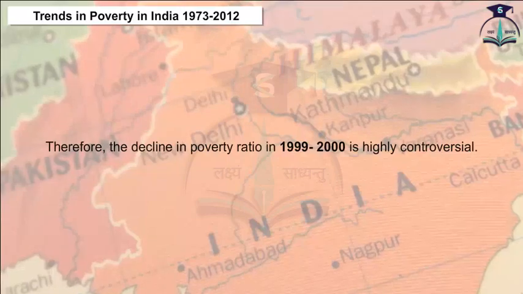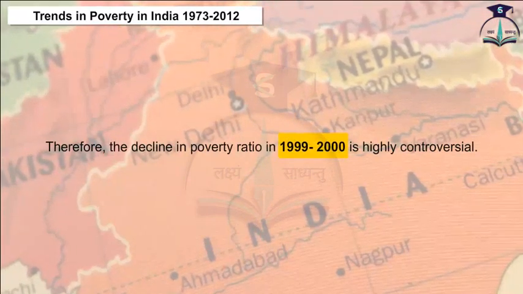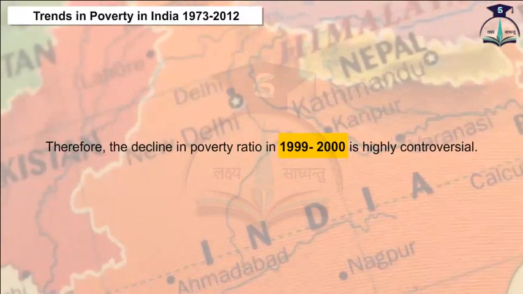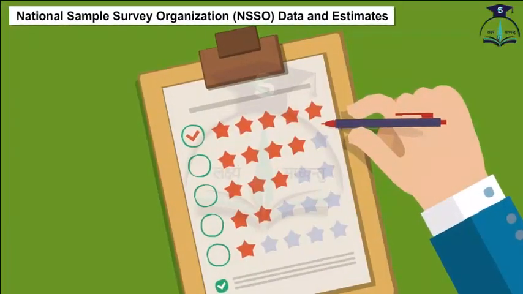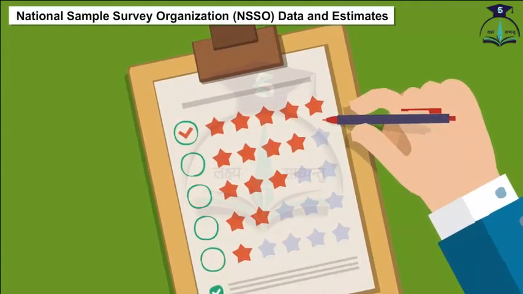Therefore, the decline in poverty ratio in 1999-2000 is highly controversial. National Sample Survey Organization or NSSO data and estimates.